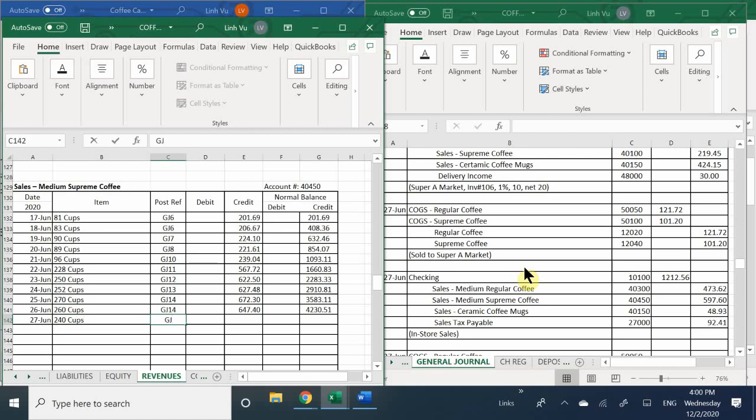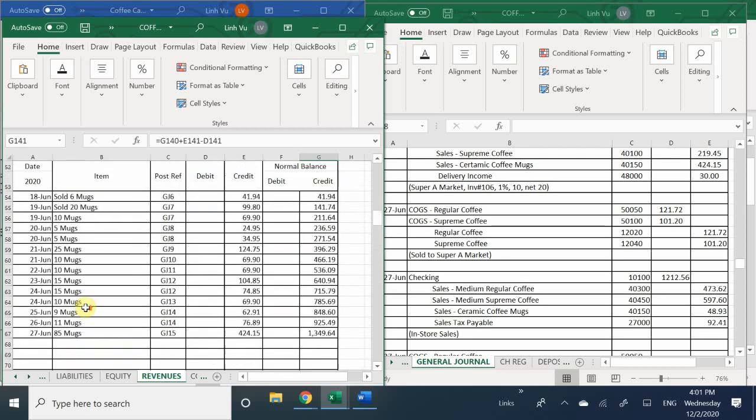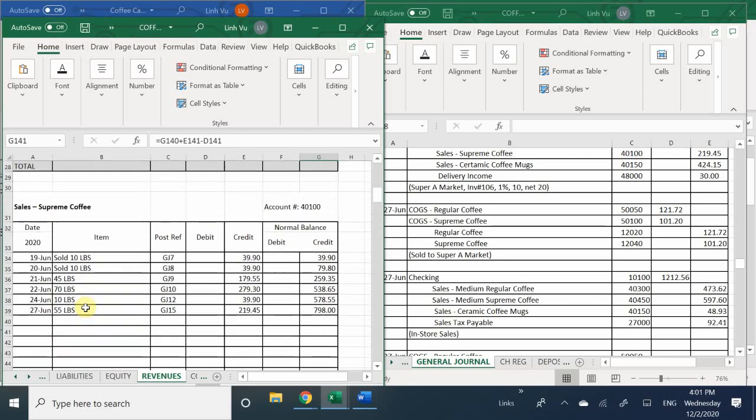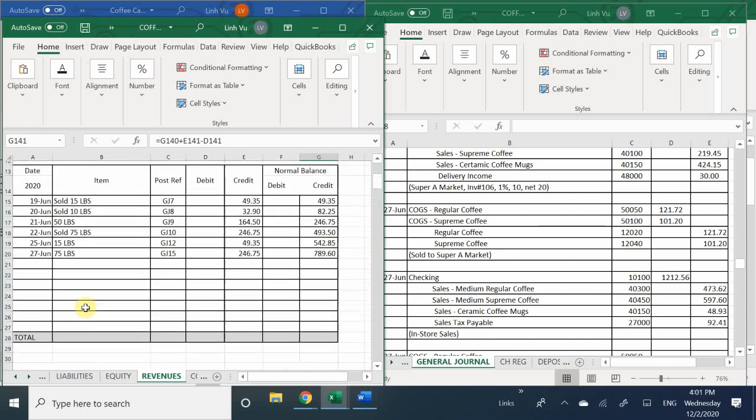And the amount for this one is $597.60. 597.50? 60 cents. Oh, it's 60, sorry. Yes, 60, all right. Bringing our total to $4,828.11. Good. And then sales ceramic copies, which we sold 7.